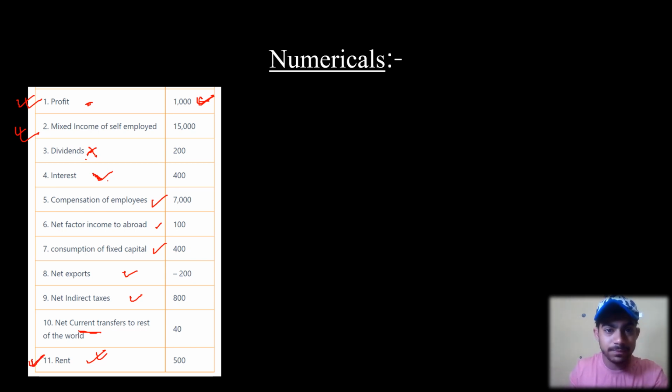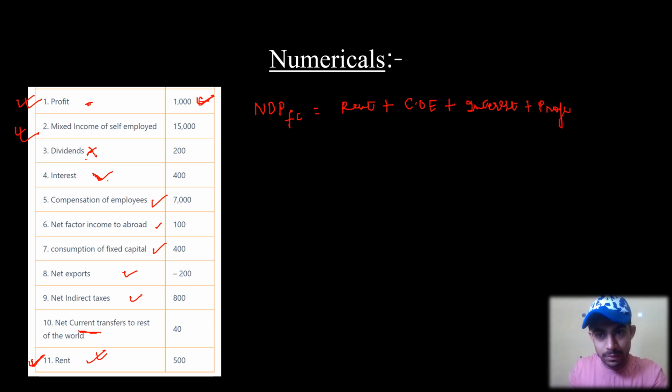Let's add NDPFC or domestic income: rent plus compensation of employees plus interest plus profit and mixed income of self-employed. In short, I am writing MI.